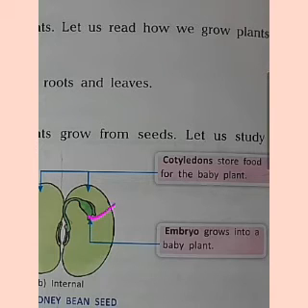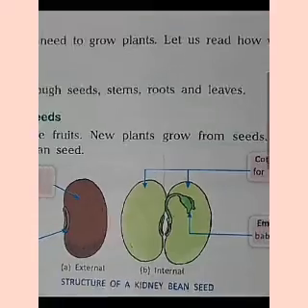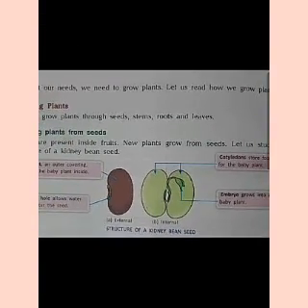So we come to the conclusion that it is the embryo which later on grows into a baby plant. The embryo further grows into the radicle, which forms the root, that is the part below the soil, and the plumule, which forms the shoot, that is the part above the soil or ground.